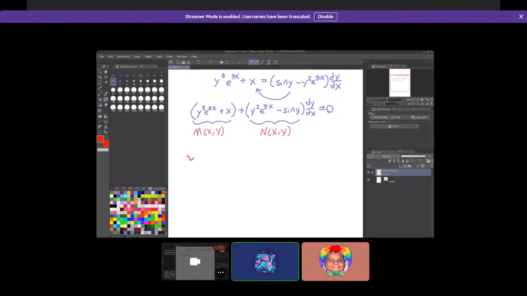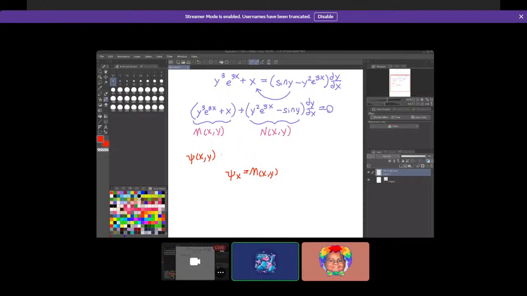We want to find phi as our general solution. If I remember correctly, the x derivative of phi is equal to M. This one's going to be easier.